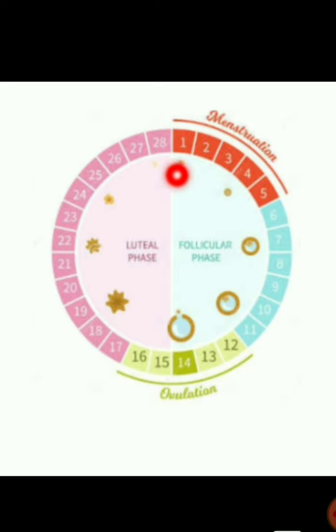In this phase, initially day 1 to day 14 is the follicular phase. Around day 14 there is ovulation, and after that the follicle is transformed into the corpus luteum. It is the luteal phase, which is under the effect of progesterone.